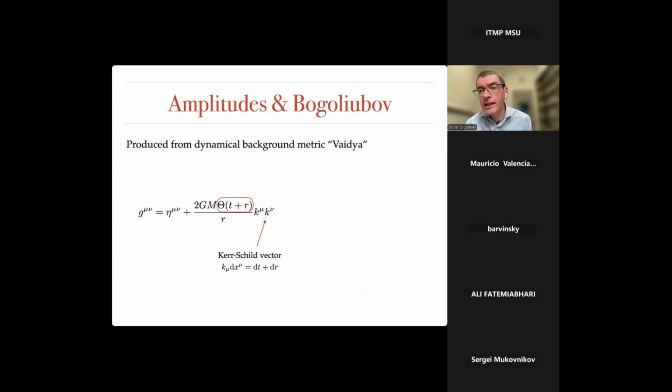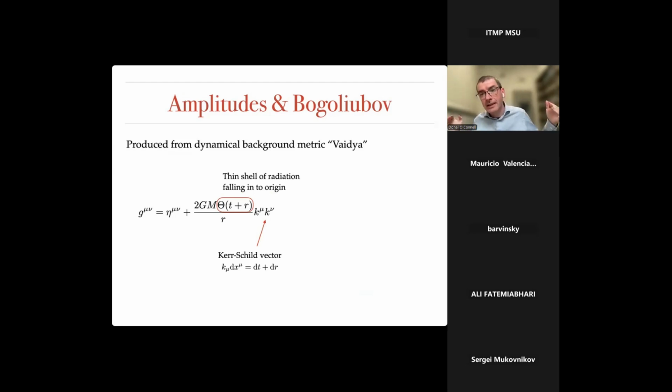Obviously, with the theta function here, when t plus r is negative, the theta is 0, and the metric is flat. When t plus r is positive, and the theta function is 1, the metric is curved. It's some kind of Schwarzschild. So corresponding to this theta function, there must be something happening to source, to build up the black hole. So some matter collapsing to build up the black hole.